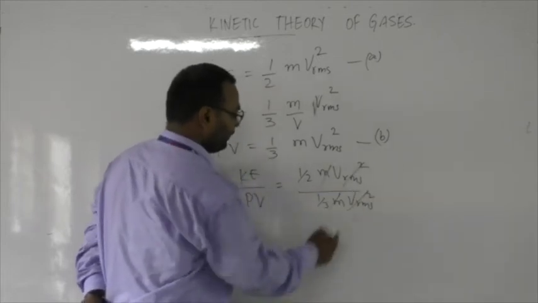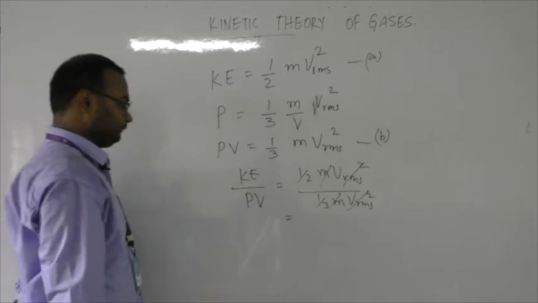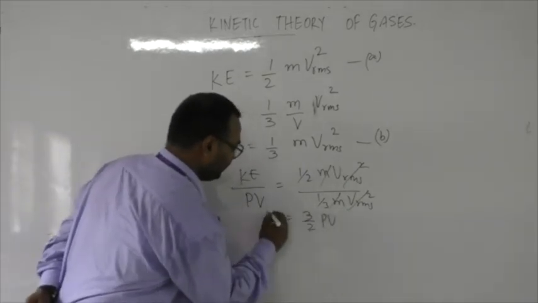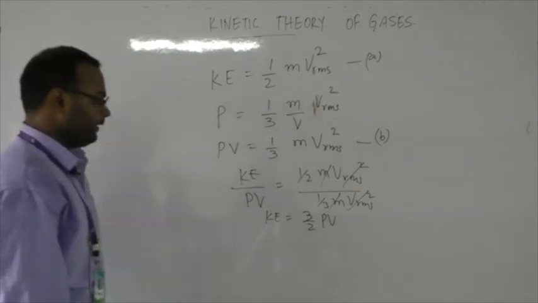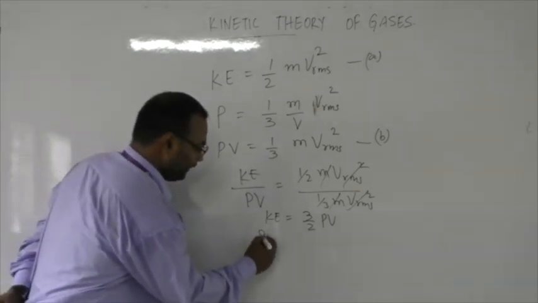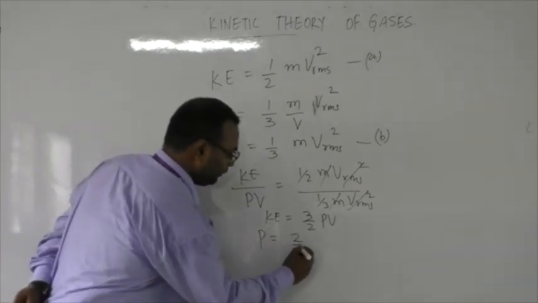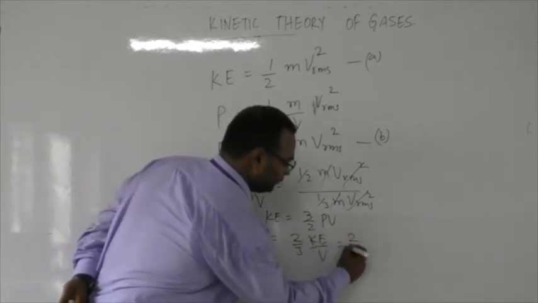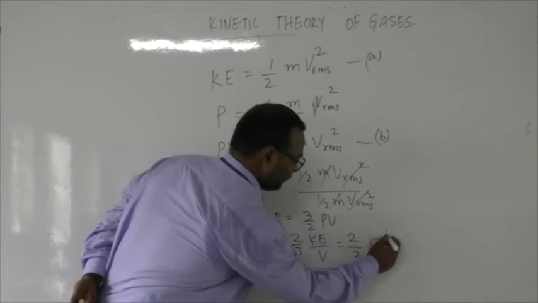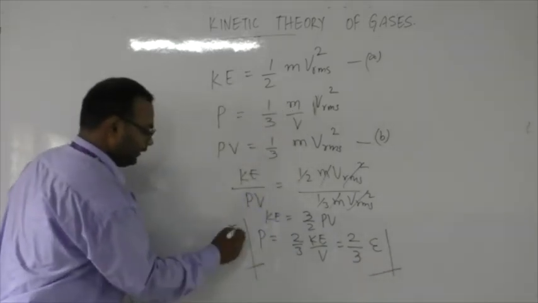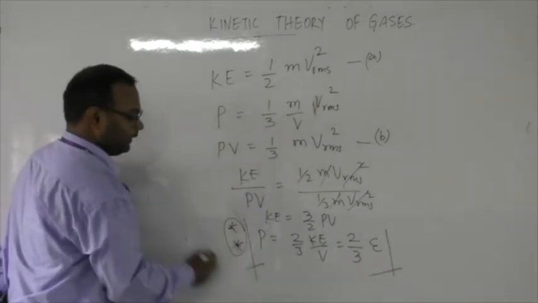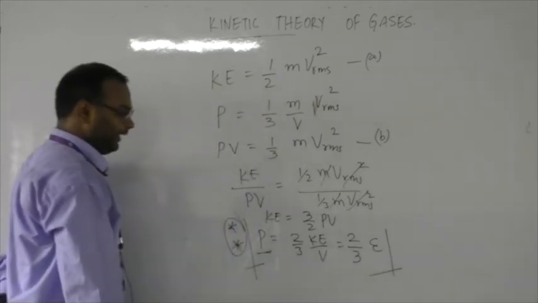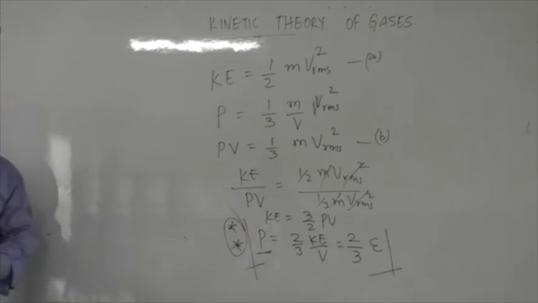So you cancel the common terms, and you will get 3 by 2 PV as kinetic energy, or you can write pressure as 2 upon 3 kinetic energy per unit volume. This is also an important term, you should know that pressure is 2/3 of kinetic energy per unit volume of a gas.